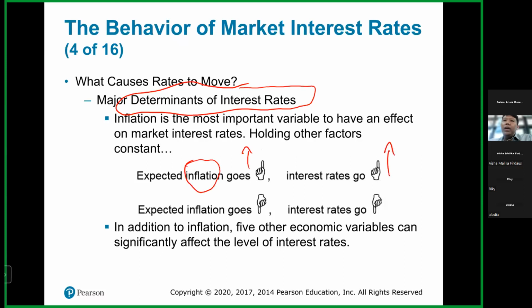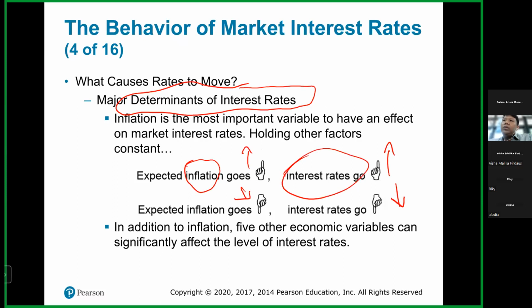When inflation is expected to go down, the interest rate also goes down. Why do we have to look at inflation before investing in bonds? Because bonds are strongly related to the market interest rate.